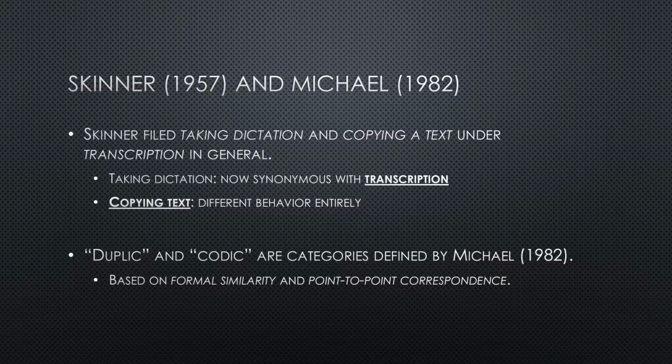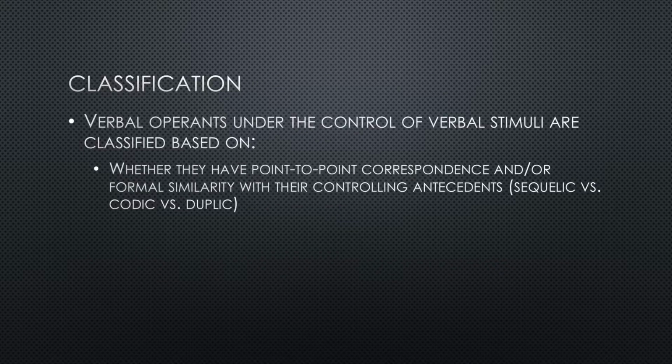We'll get into all the different types of codics and duplics momentarily, but just bear in mind that their definitions are based on the point-to-point correspondence and formal similarity between the response and the controlling verbal SD. If you recall, the term intraverbal can now be used to refer to all verbal behavior under the control of verbal stimuli. A sequelic is a type of intraverbal, but it's also often simply called an intraverbal.